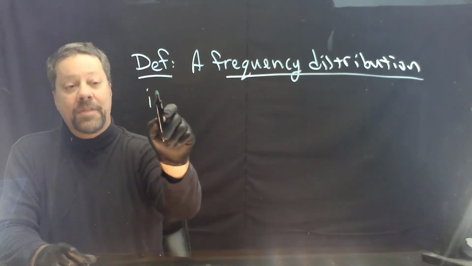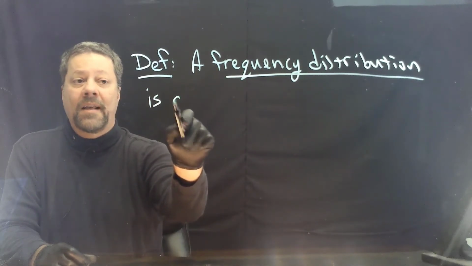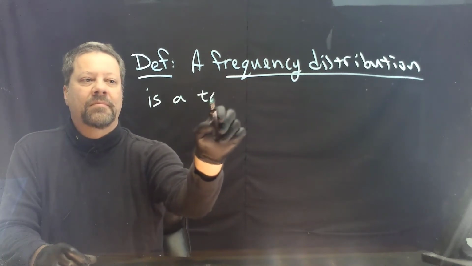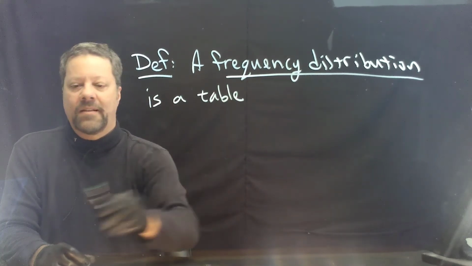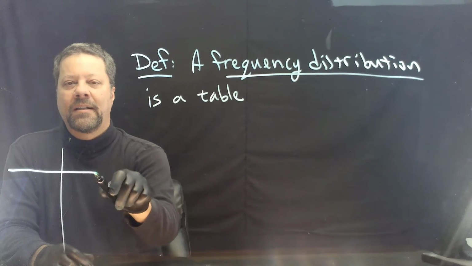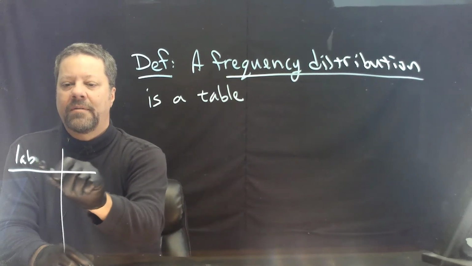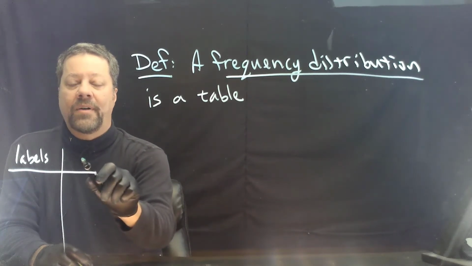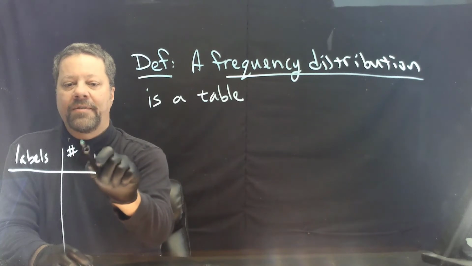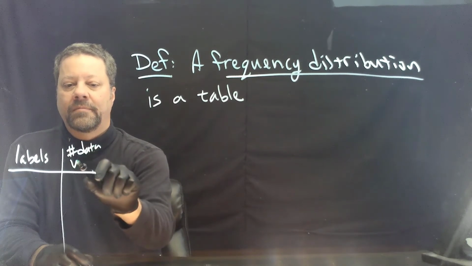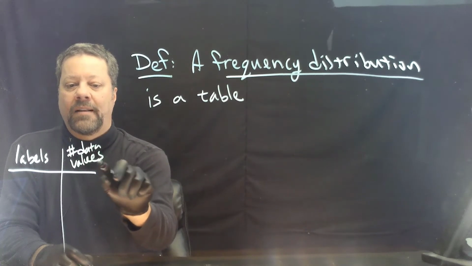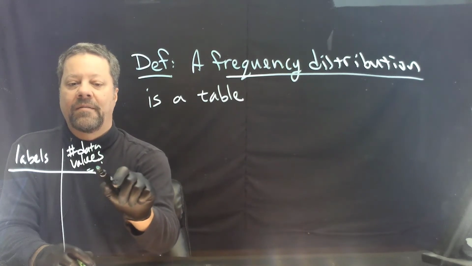A frequency distribution is a table. It's going to have two columns. It's going to have labels, and it's going to have the number of data values. Those are called your frequencies.